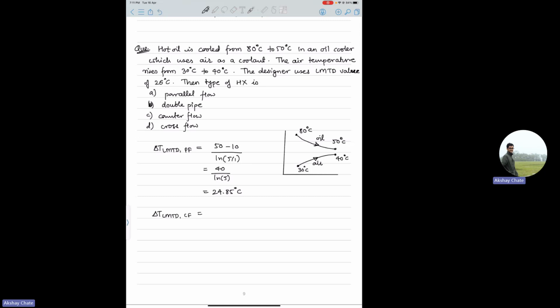counter flow. And what will that be? In counter flow, it will look something like this. Right. So this will be your oil. This will be your air.